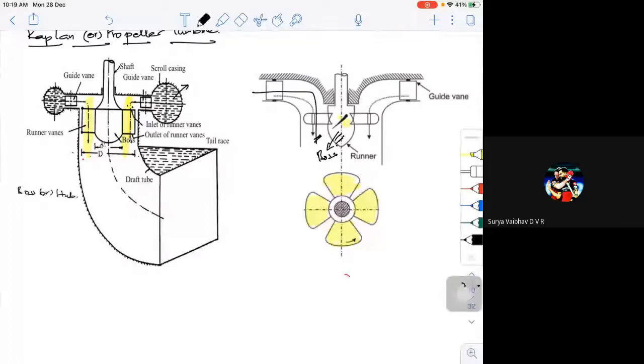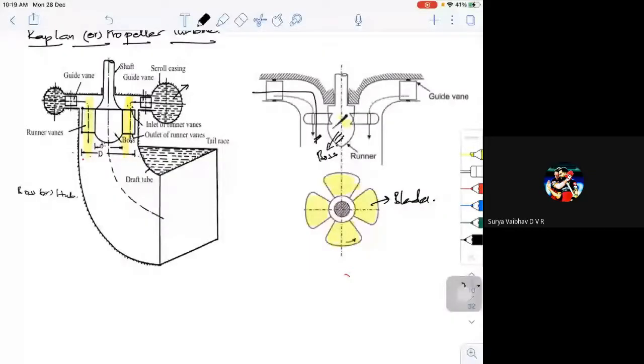Now, if you look at the right hand side, I have shown you how my runner, or the blades, will look like. These are my blades. You might have seen this kind of blade construction in ship propellers, with the Kaplan turbine.